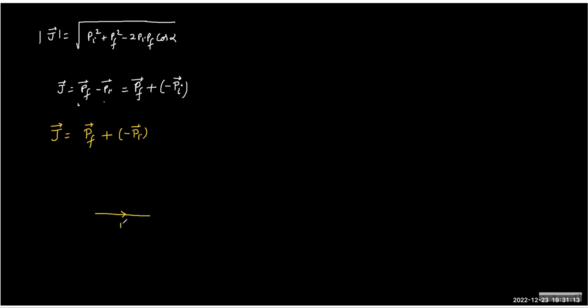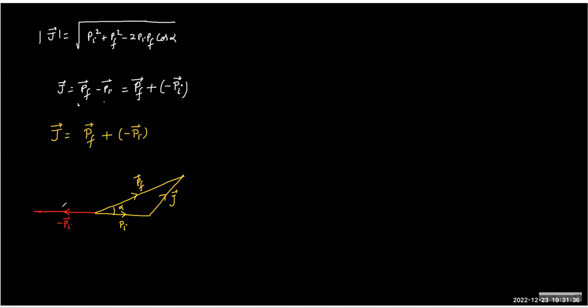If this is PI, if this is J, if this is P final, if this is alpha, so how to do minus PI? Reverse the vector. This is minus PI.